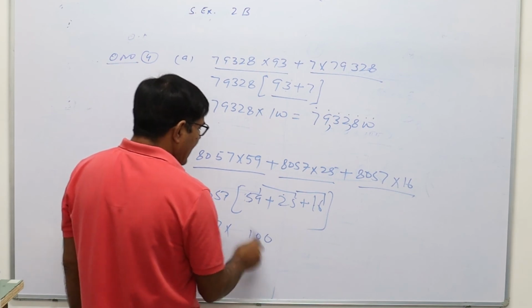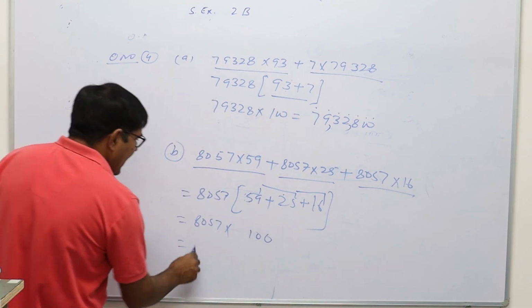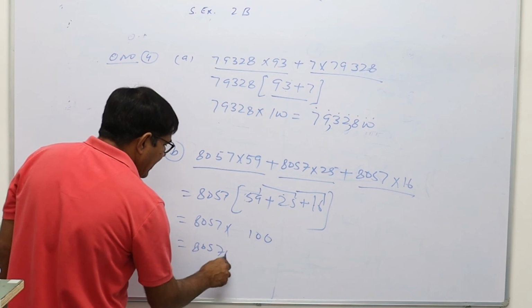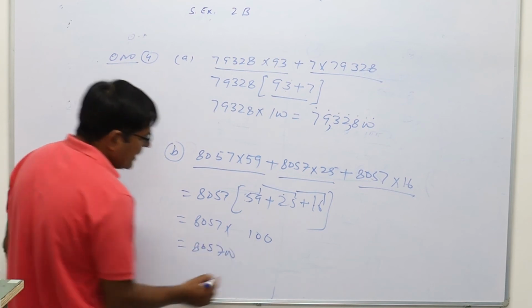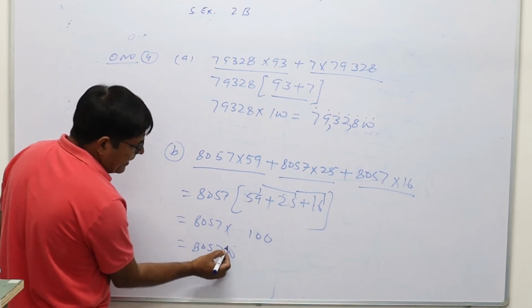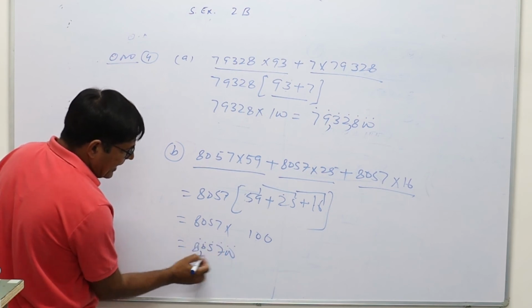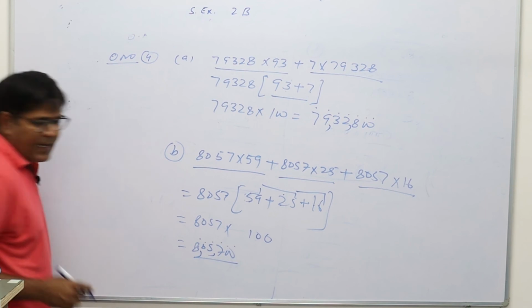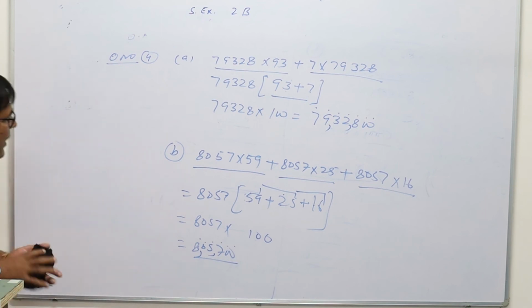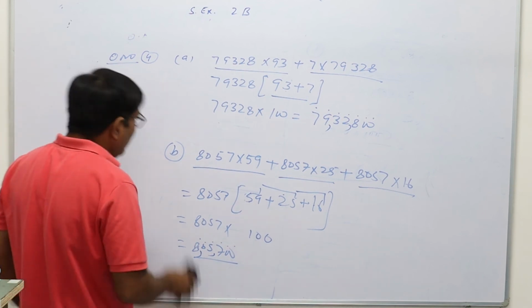So it will be 100. So 805700. Now count, read the number, unit, tens, 100, 1000, 10,000, lakh. So 8 lakh 5,700. Please pause it and note down.